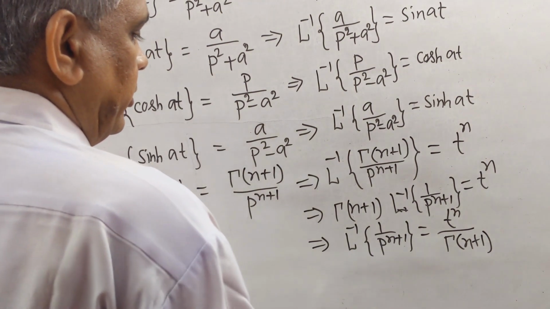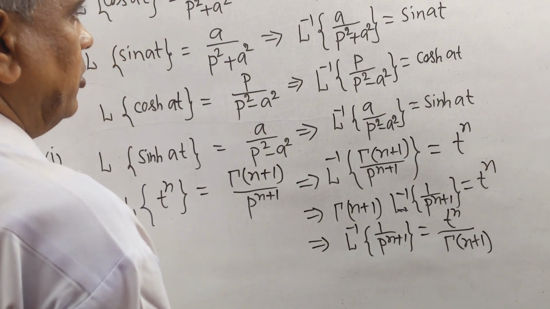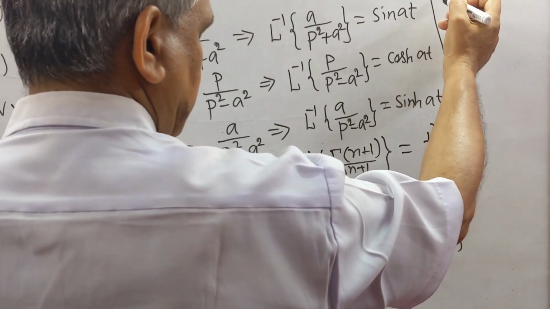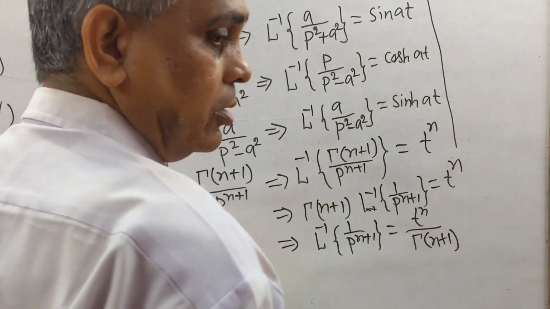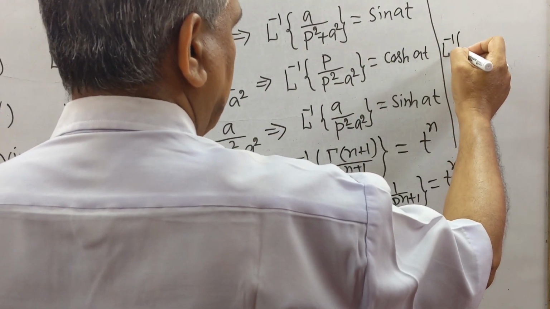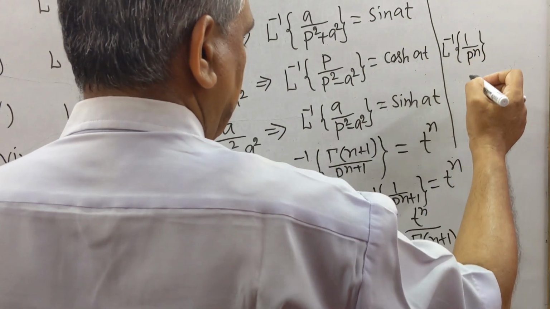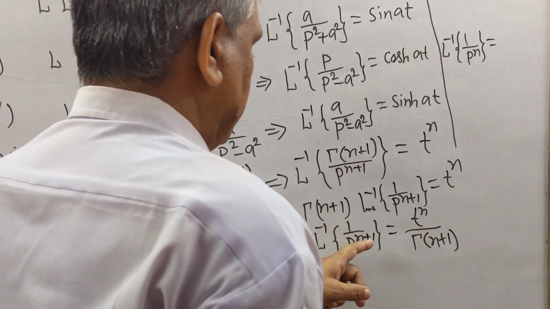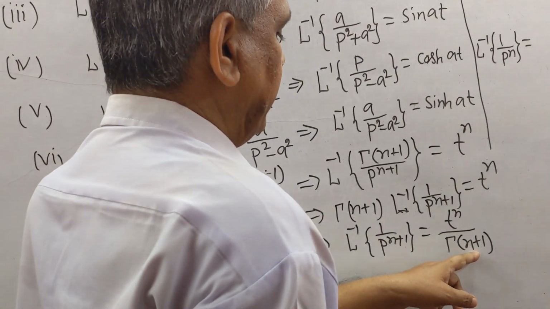So if we write n in place of n plus 1, we will get L inverse 1 by p to the power n equal to, here n becomes n minus 1, and here will be gamma n.